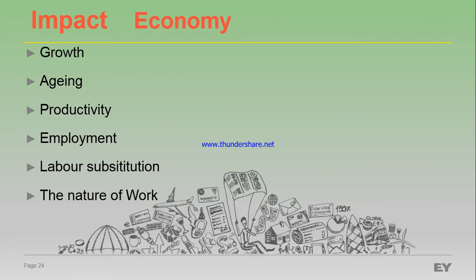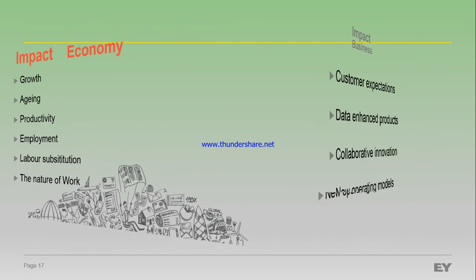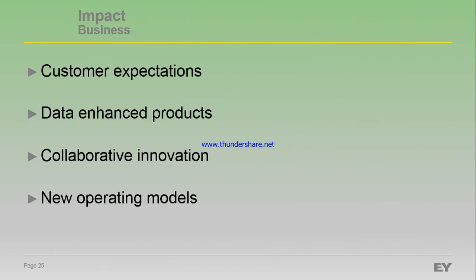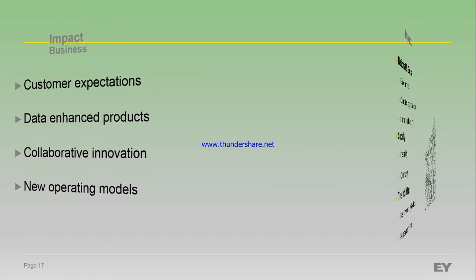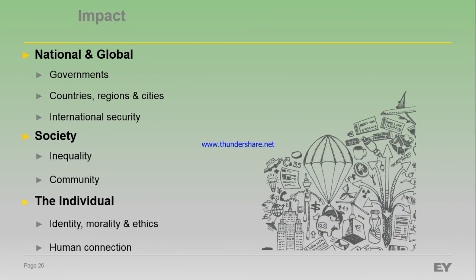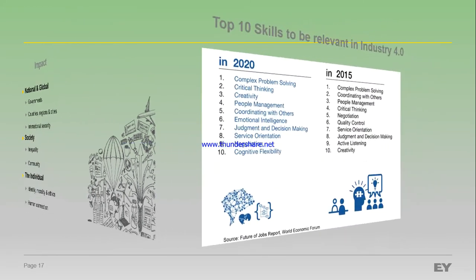It also impacts the economy, like growth, productivity, employment, labor substitution, and the critical nature of work, customer expectation, data enhanced product, collaborative innovation, new operating models, and national and global society, individual.